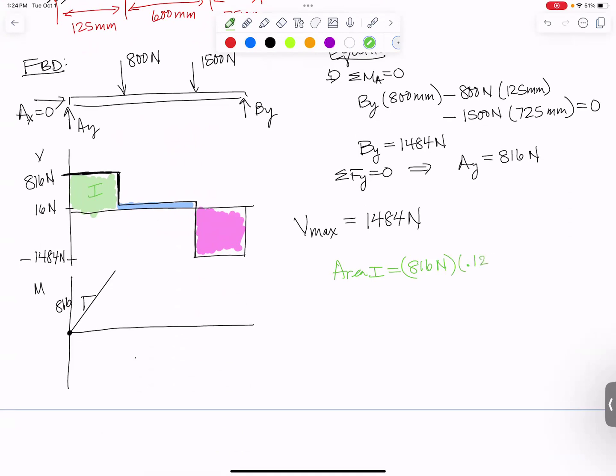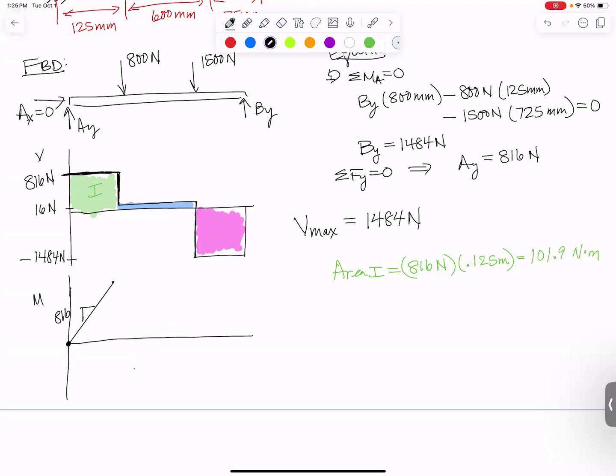I'm going to call that 0.125 meters. And I get 101.9 Newton meters. So my magnitude right there is 101.9 Newton meters. And I found it simply by taking the area of that green section.